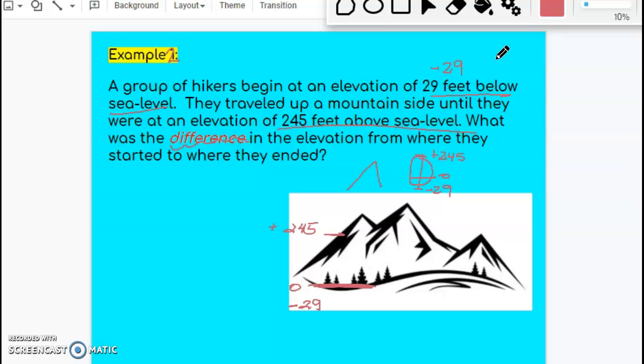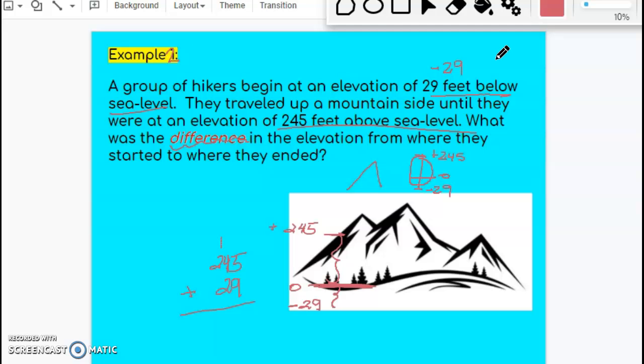Well, let's look. If we want to just think of it in real life, to get from here to sea level, to 0, we know that's 245 feet. And then from 0 to negative 29 is another 29 feet, right? The negative is just telling us the direction. So we want to know the total number of feet that they climbed. So here we're going to add them.